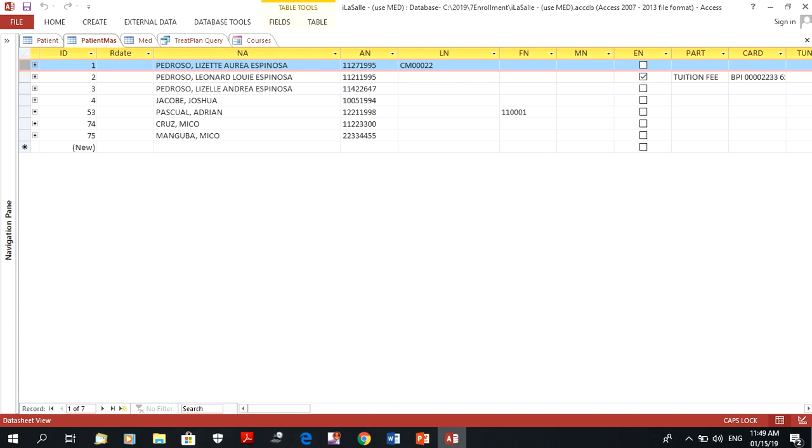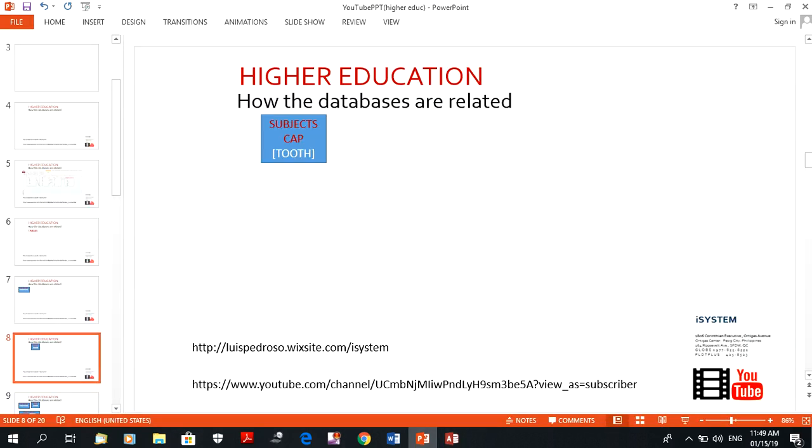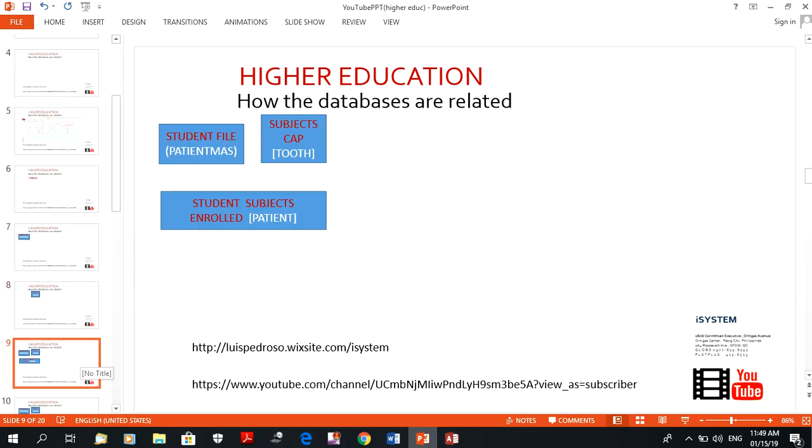So we're done with that. The next is these two files, the student file and the subjects file, which are used when you are encoding the student subjects enrolled table.